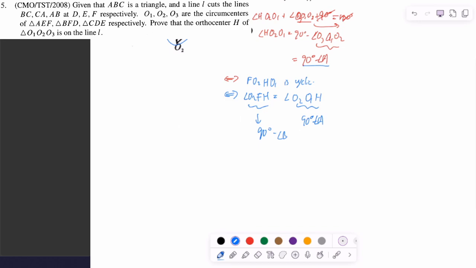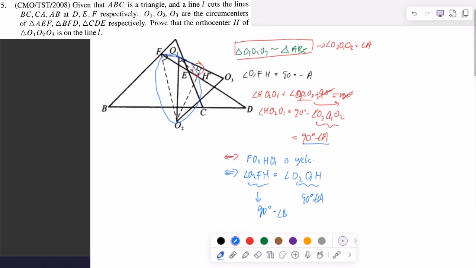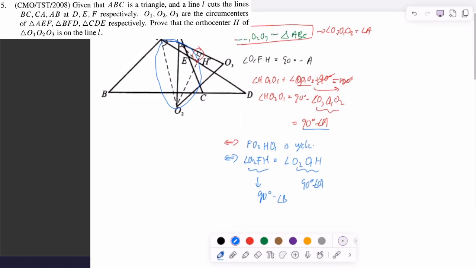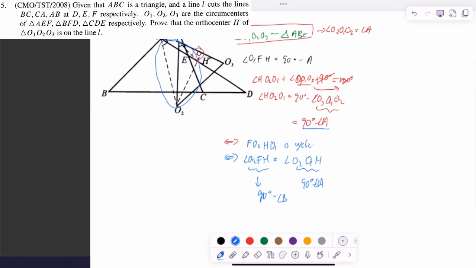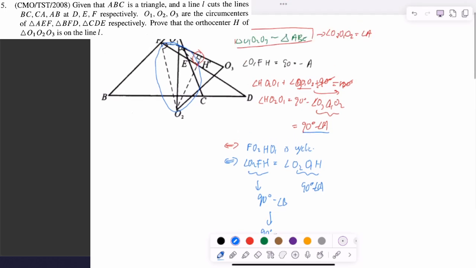So what we have here is angle A equals angle B. No, this is not what we want. This is also 90 degrees minus angle B at O2, right?